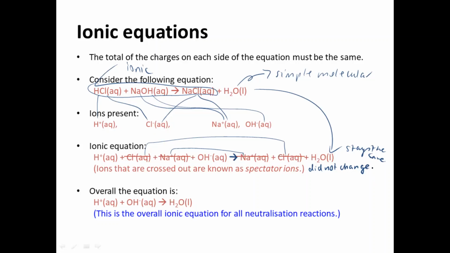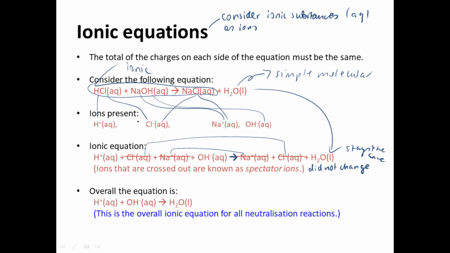So what is an ionic equation? An ionic equation is when you consider ionic substances that are dissolved, so they're aqueous, as ions rather than as a formula together. Because it's not HCl.